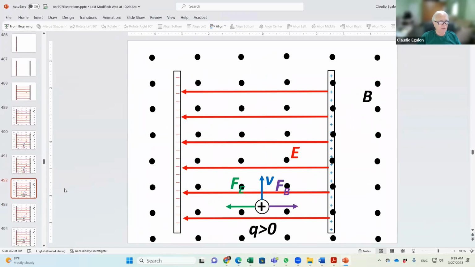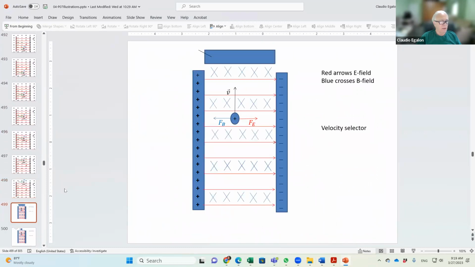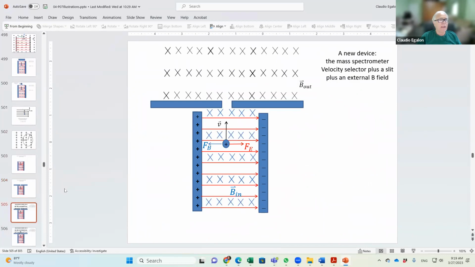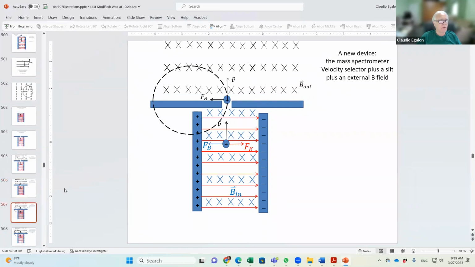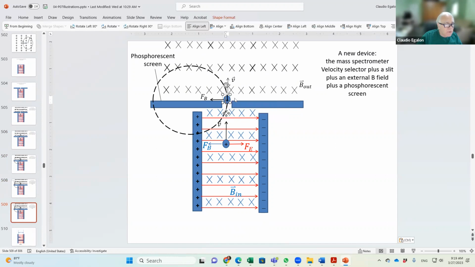I'm going to get into the details of this device, but in addition to the velocity selector, you also have the mass spectrometer. The mass spectrometer is a combination of the velocity selector with an outside magnetic field. We're going to get into the details of this device, and I can even animate it a little bit more. The next one, the particle would be in a different position here in the circle.